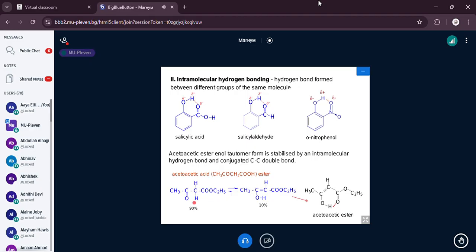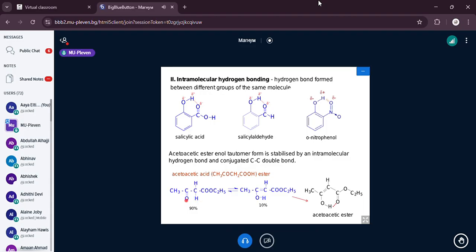So, realizing isomer of this acetoacetic ester, you can see the position of double bond is changed here. The position of this hydrogen atom is also changed.